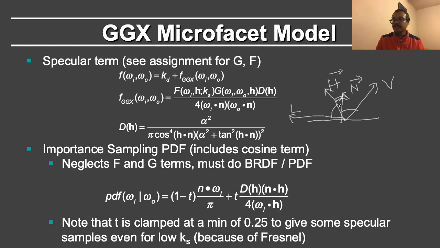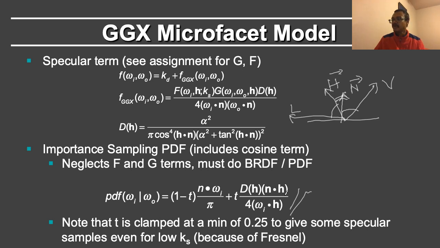In importance sampling the probability distribution function, you neglect the Fresnel and geometric terms. Your probability distribution function again involves a combination of the diffuse component and the specular component using this factor t, and taking the cosine of the incident direction into account. You can show for the GGX model that the probability distribution function is actually very simple. It just involves this term here, which is the distribution term.